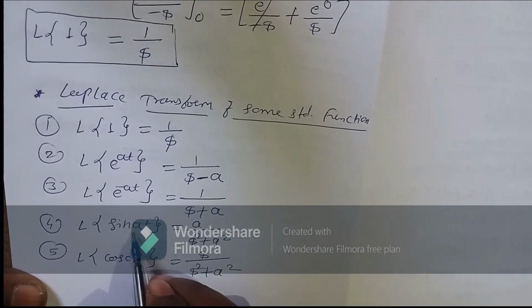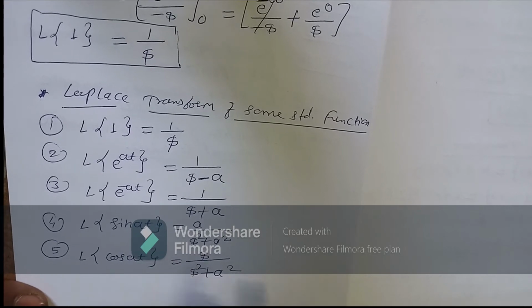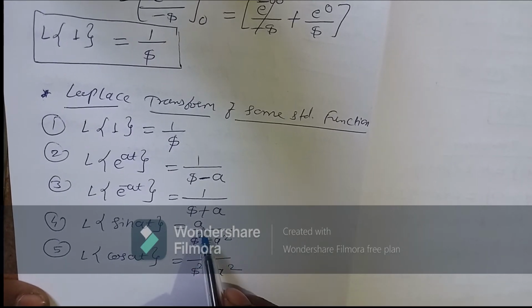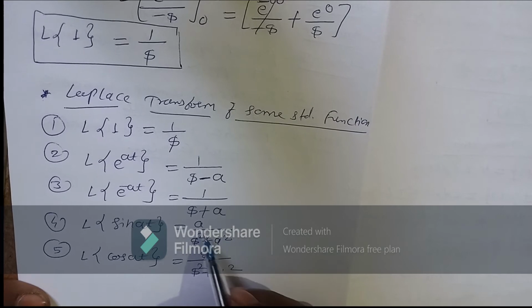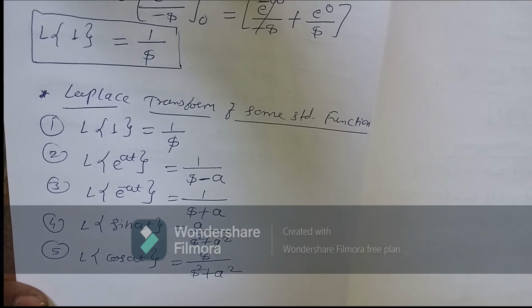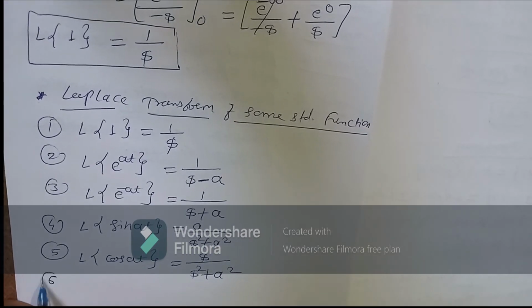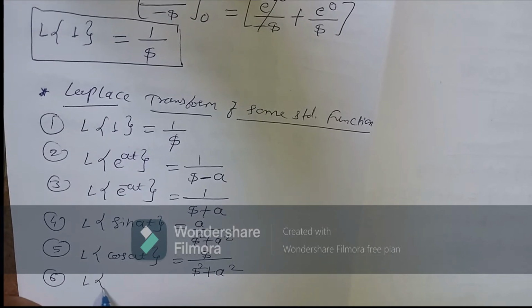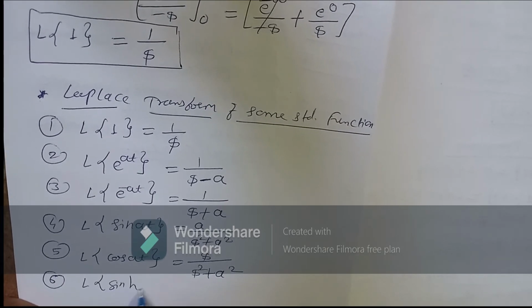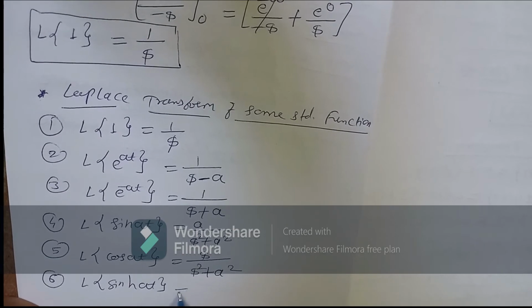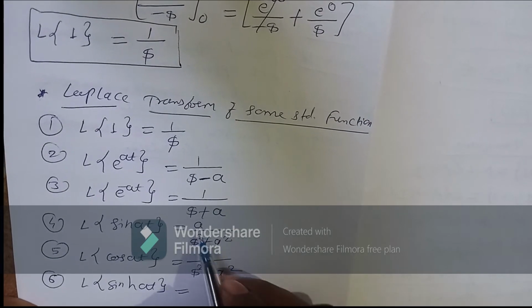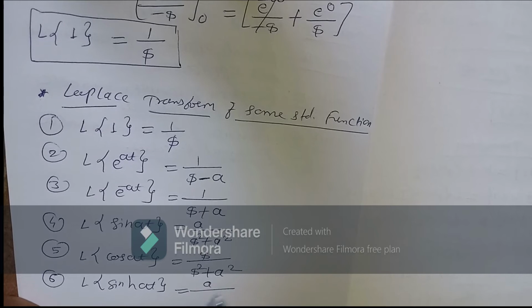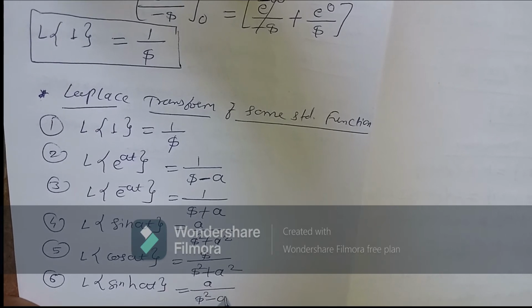So what is the difference between the Laplace transform of sin at and cos at? Here on the numerator there is a and here there is s, that is the difference. Next formula number 6, Laplace transform of sin hyperbolic at is equal to what? Same formula as sin at, but the only change is a upon s square minus a square.